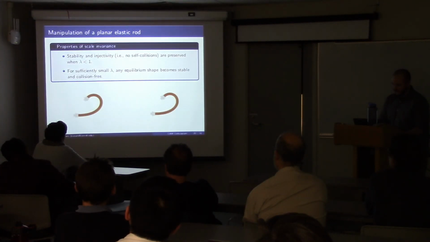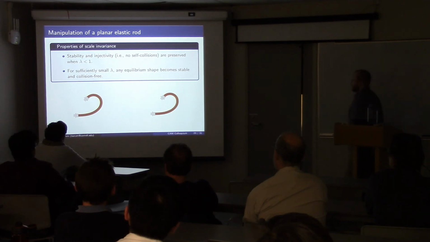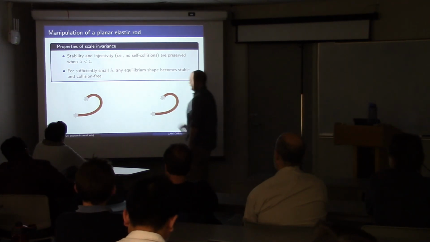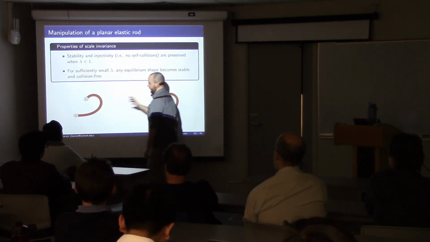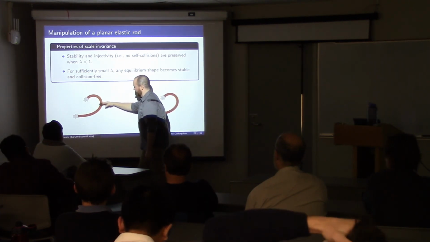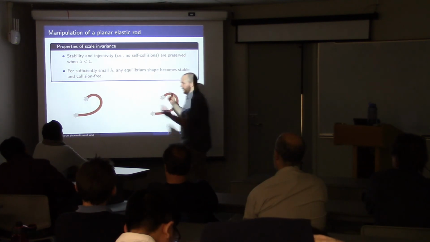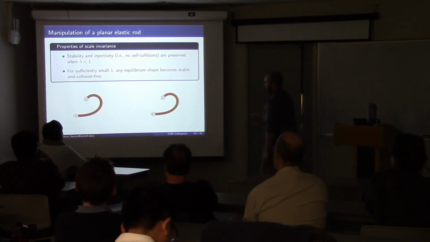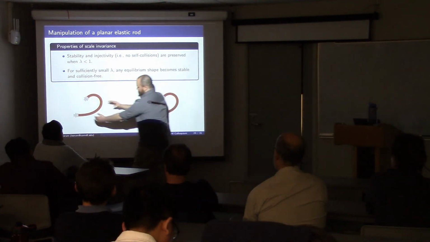Another nice way to look at this is to watch a rod being cut and then rescaled. So what we're going to see over here is this rod is going to be continuously shortened until we're short enough. And over here we're going to see what happens when we take what's left over here and rescale it.